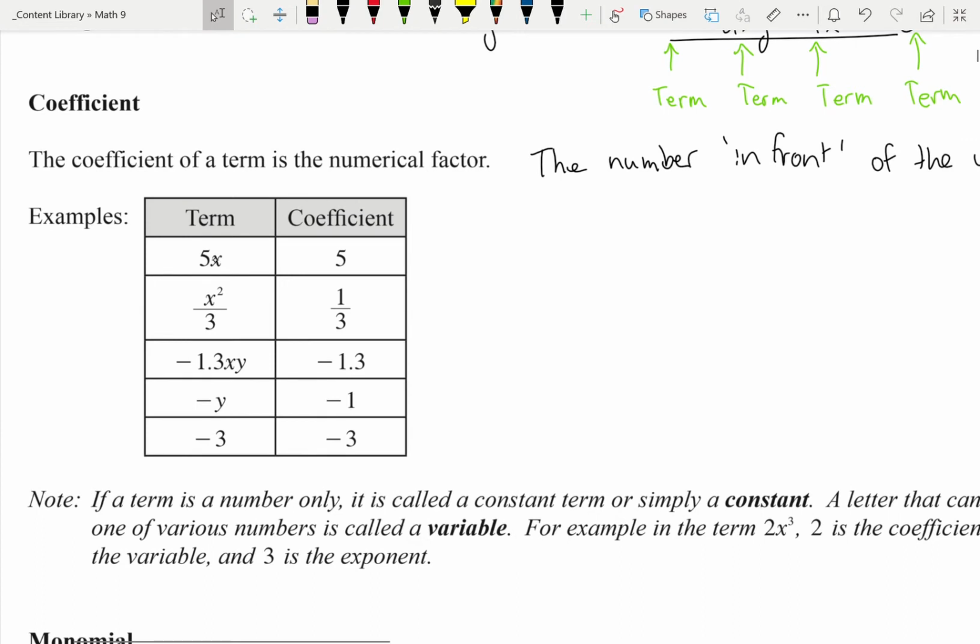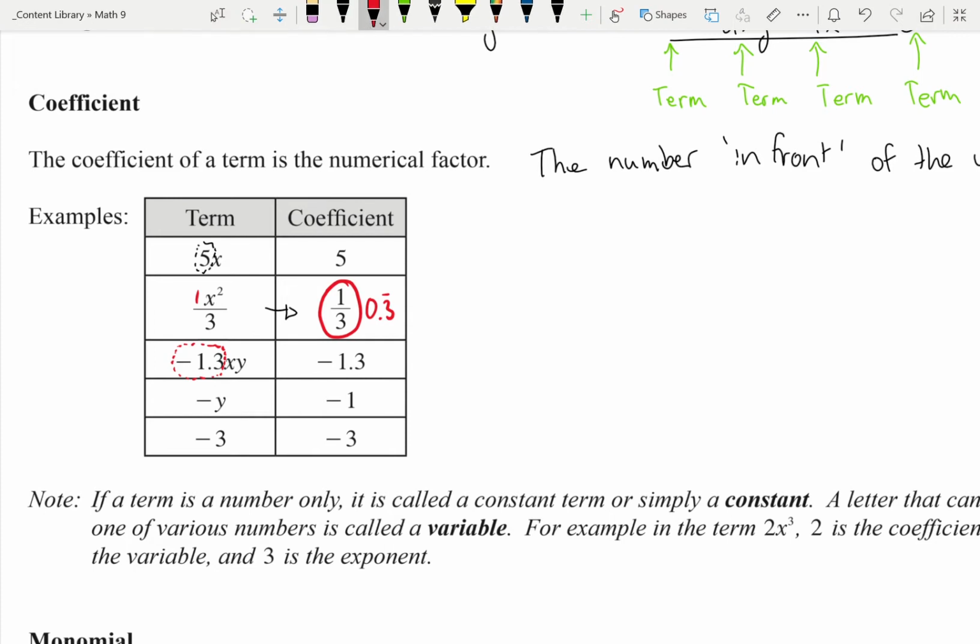The coefficient is the number 5. I have x squared over 3. The coefficient is the factor, so there is a little invisible 1 here. It is the number out in front. Or another way I could write it is 0.3 repeating. Negative 1.3xy: I take the value including the negative sign, and that is my coefficient.